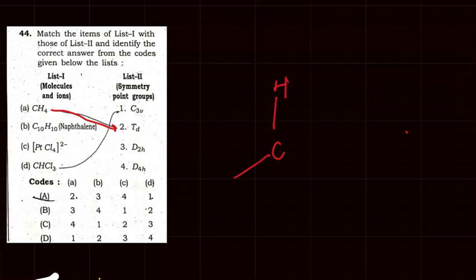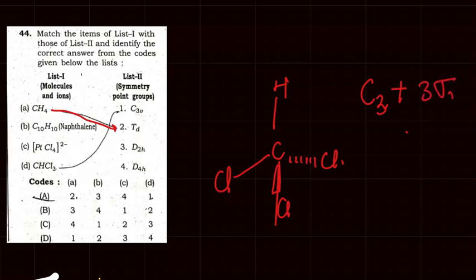So here we have Cl, Cl and Cl. Here we get a C3 principal axis, and along with that we will get 3 parallel planes which will cut the molecule into 2 equal halves, and hence we will get 3 sigma v planes. So its point group will be C3v.